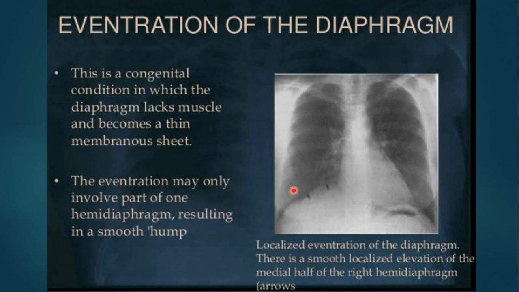If it involves part of the diaphragm, there will be a smooth hump. For example, in this picture, you can see a localized smooth hump at the right hemidiaphragm, which indicates a diaphragmatic eventration.